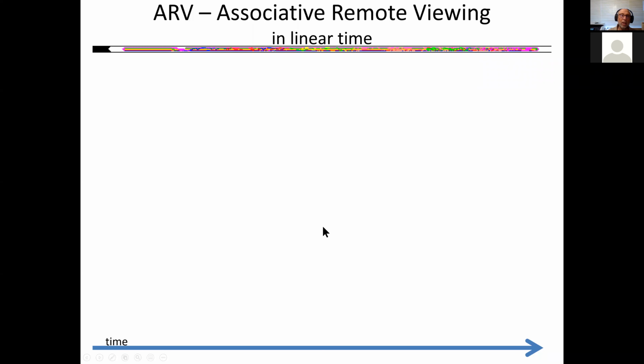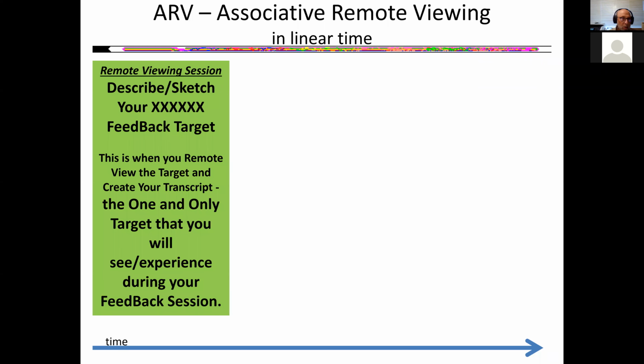So let's get right into what ARV is. This slide tends to be wordy, but it sort of says it all. So let me go over it slowly and make sure the newbies really understand it. A remote viewing session always has a tasking or a cue, and here it is.